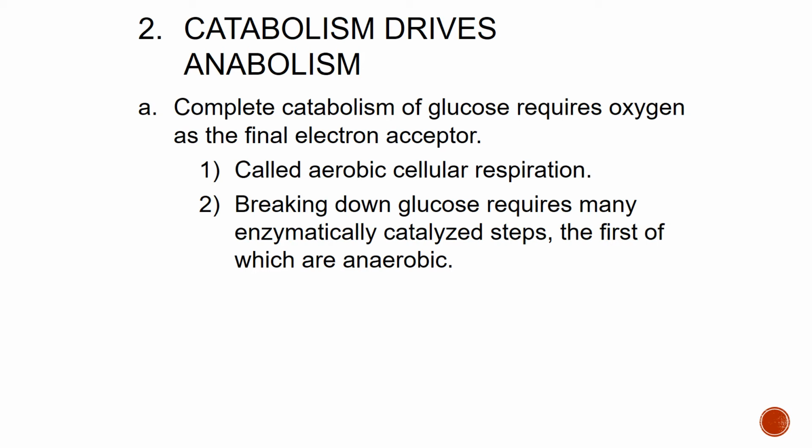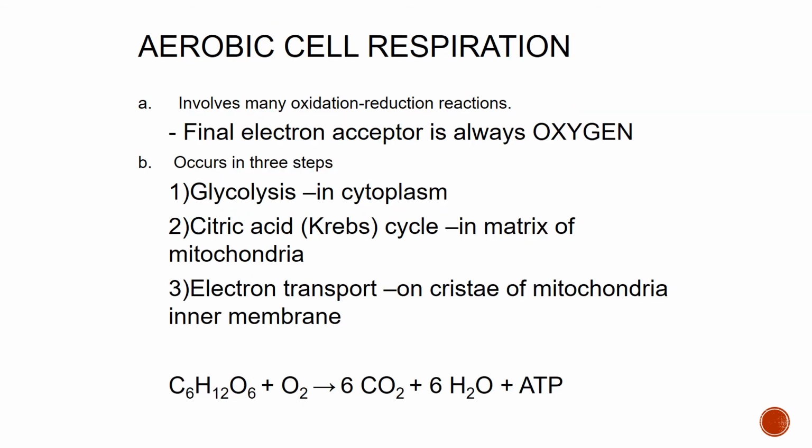Now, in order for us to break down, then we are able to build things back up later on. So a little preview, aerobic cellular respiration has many oxidation reduction reactions, and the final electron acceptor is always oxygen. That is something to really understand and be familiar with.